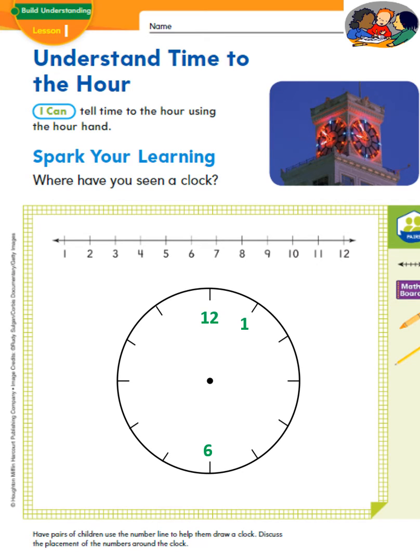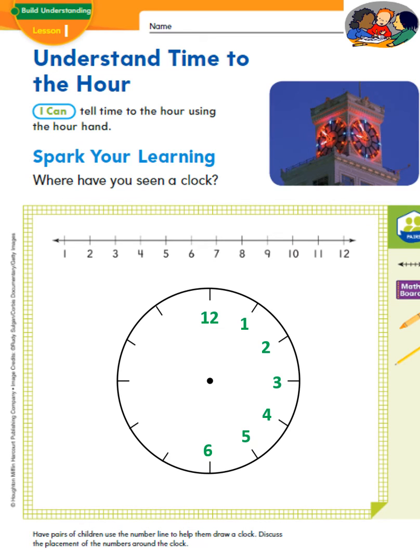We've got 1. What comes after 1? Let's look at the number line. It's 2. You knew that. 2, 3, 4, and 5. Those are the hours on half of the clock. Now look where we are. We made it to 6.